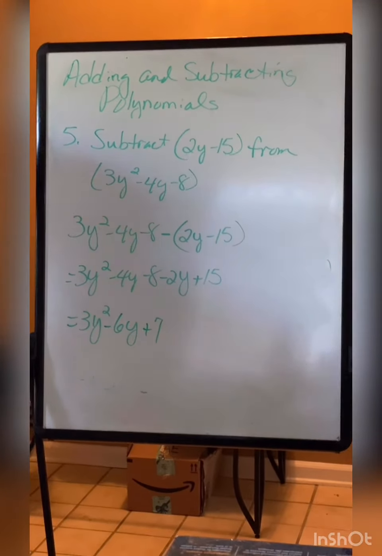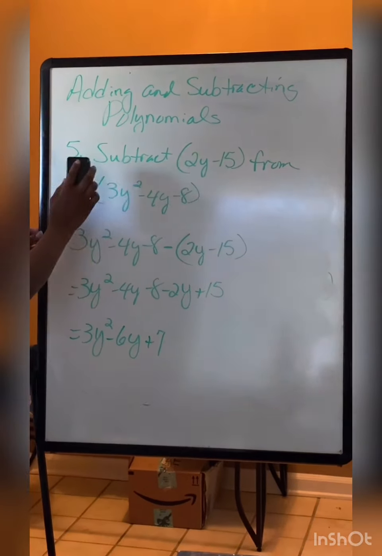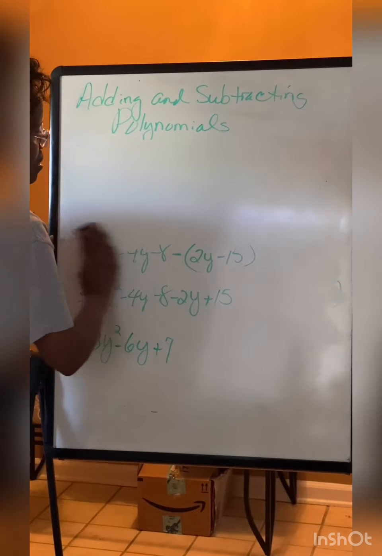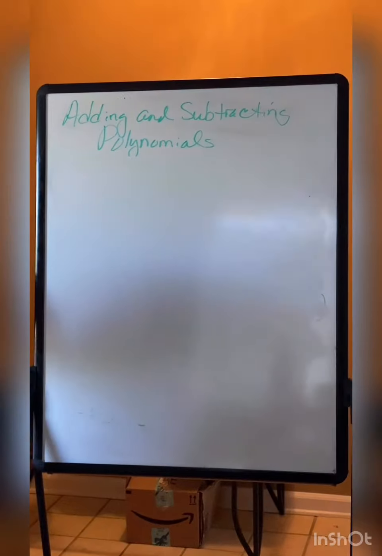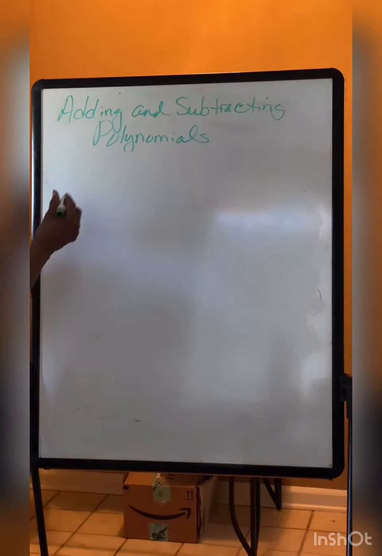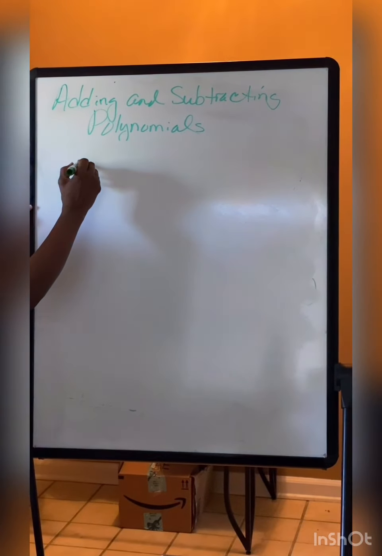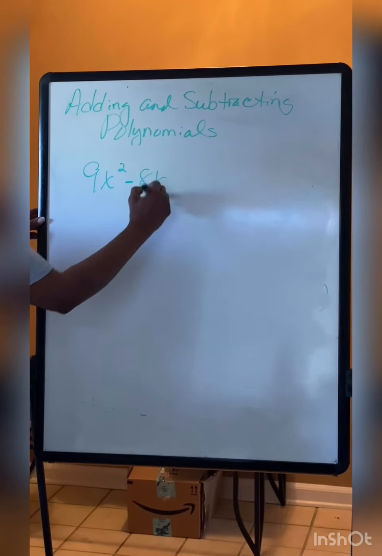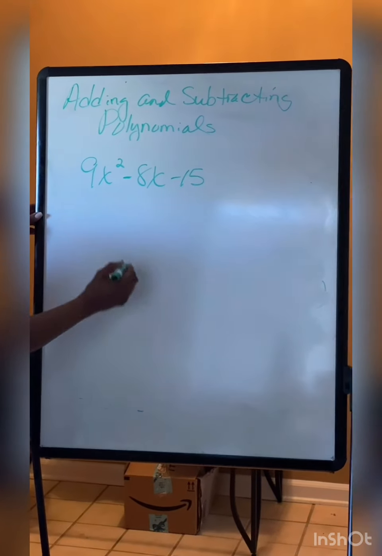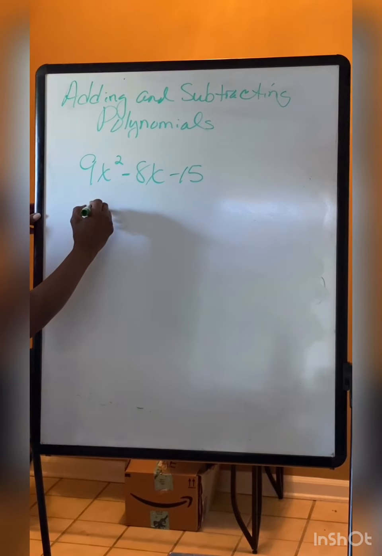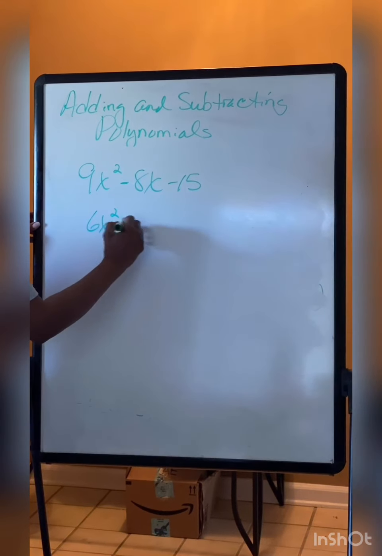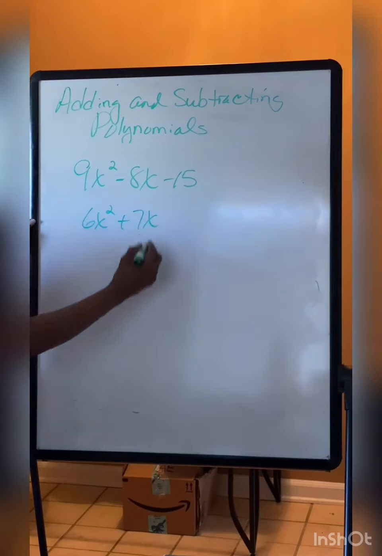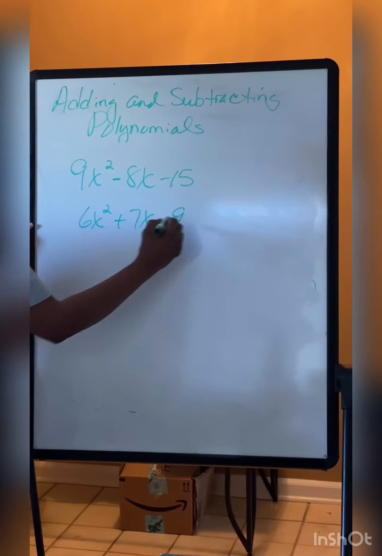And sometimes these will be written in vertical form, and you may have a problem such as 9x squared minus 8x minus 15. You may add 6x squared plus 7x minus 9.